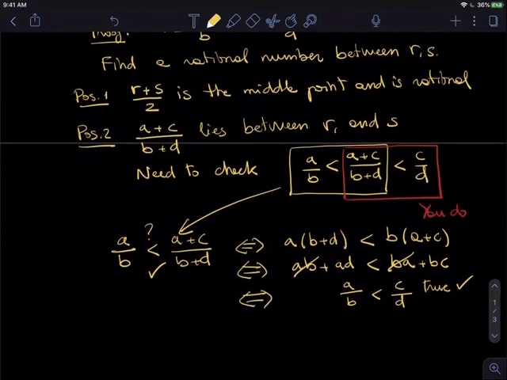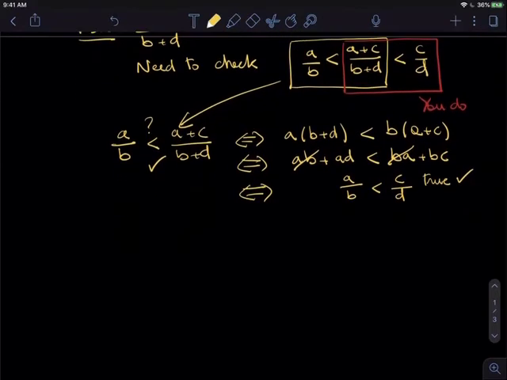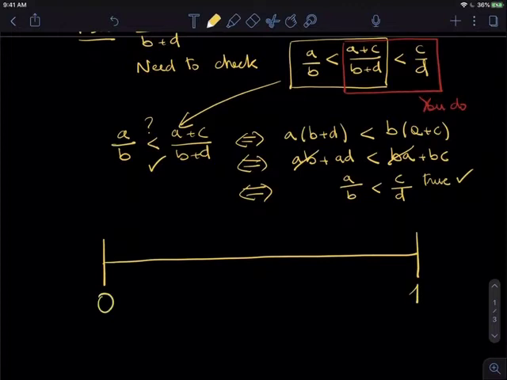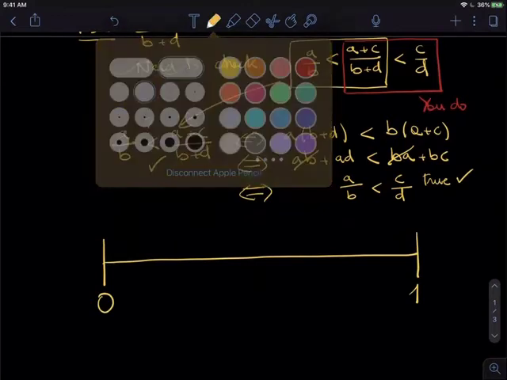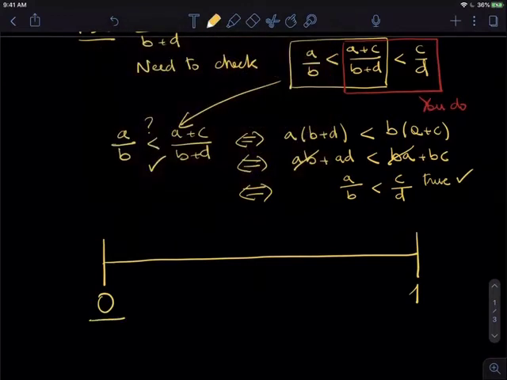Anyway, once we have this property, if we look at the interval [0, 1], this is 0/1, and this is 1/1. So I can add them together, and I get (0+1)/(1+1).